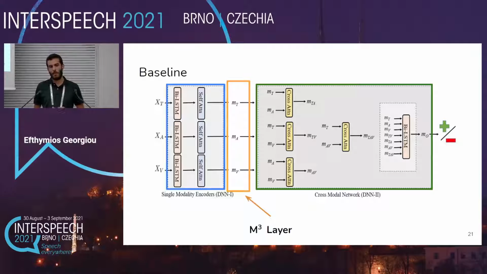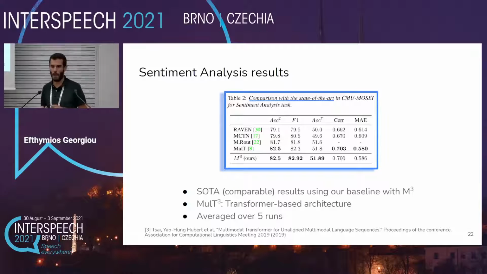During our experiments, the M3 layer is inserted directly between those two subnetworks. So, let us now see the results of our experiments. First of all, we compare ourselves to the current state of the art.